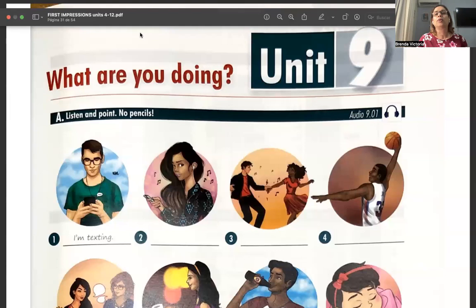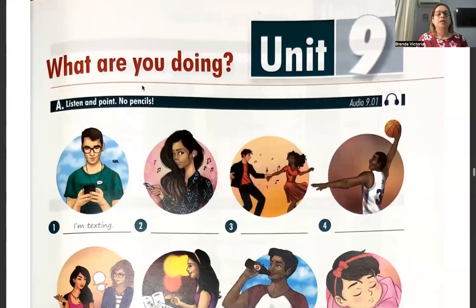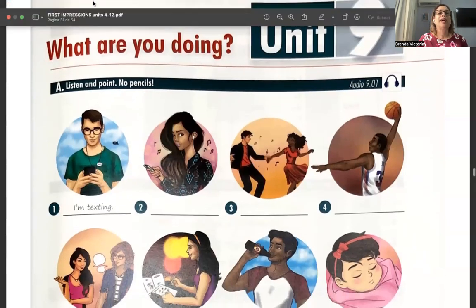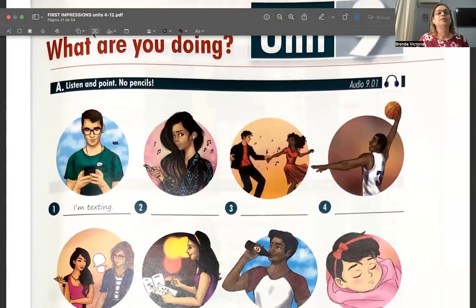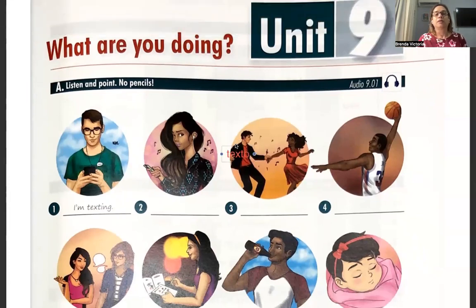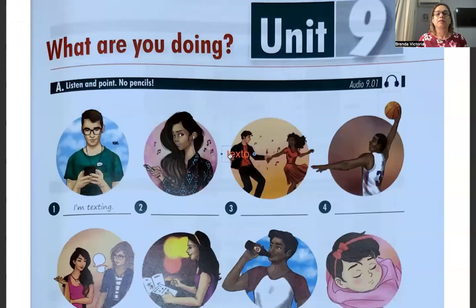Okay, so in the first picture we have that he is texting, right? He is texting. Now number 2. What is she doing? Listening to music.